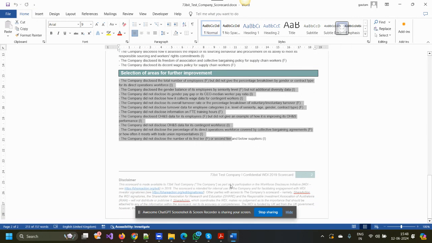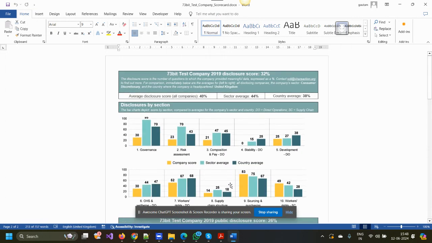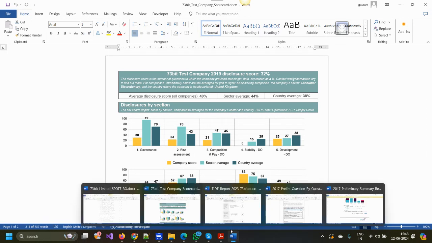This all gives them a better understanding and better food for thought, and gives good value to them when they are going through these scorecards.